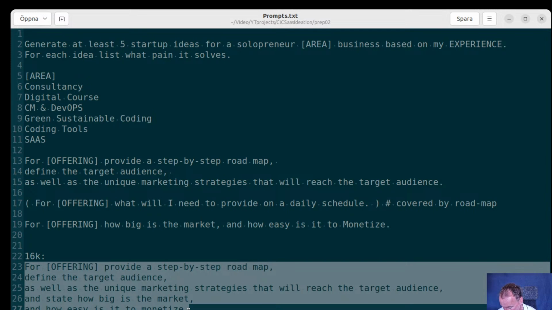So I do one question and I get a roadmap, I get a defined target audience, I get a unique marketing strategy to reach that audience, and I get a statement about how big the market is and how easy it is to monetize. So all the stuff that we were talking about earlier.